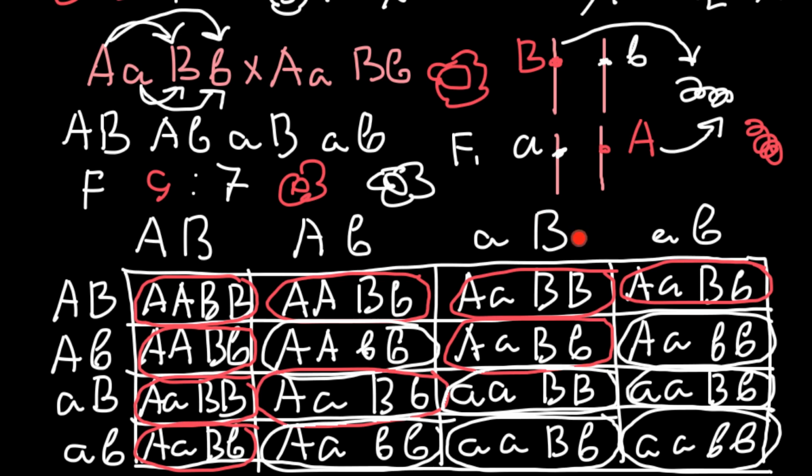So what you see in this picture we call gene complementation group.